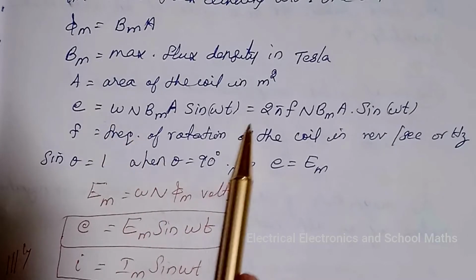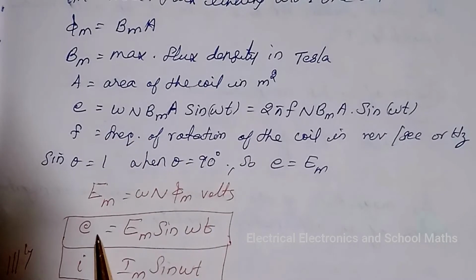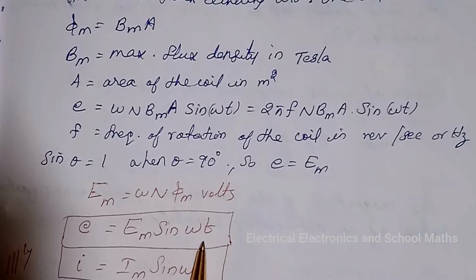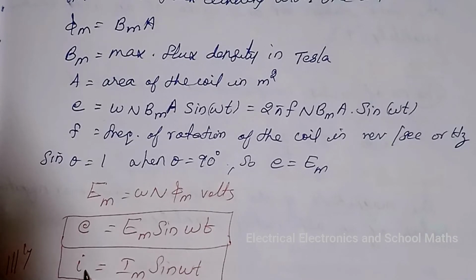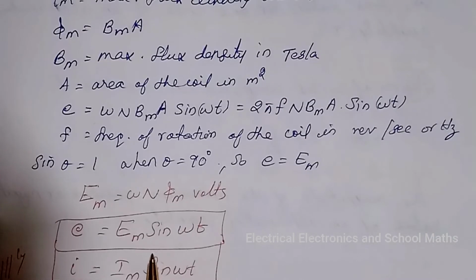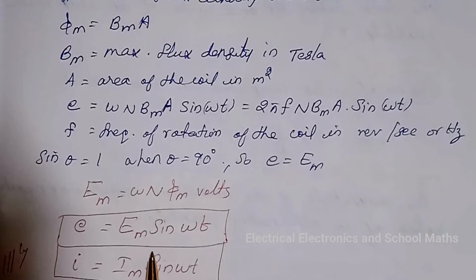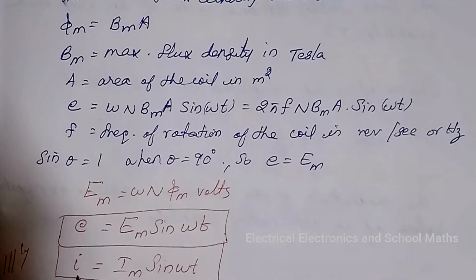Now we can rearrange this equation, that is e is equal to Em sine omega t. This is the equation for instantaneous values of EMF. Also we can write the instantaneous value of current i equal to Im sine omega t.